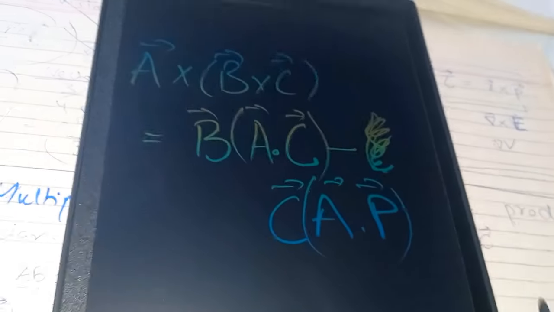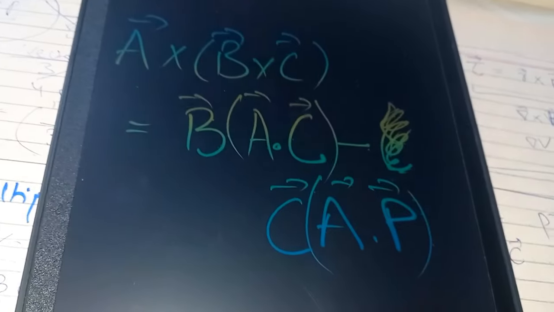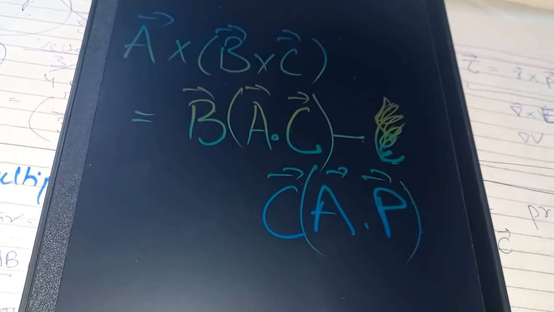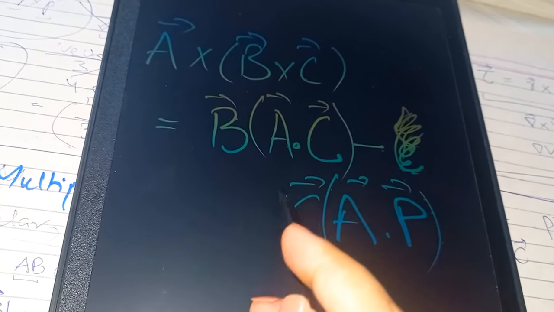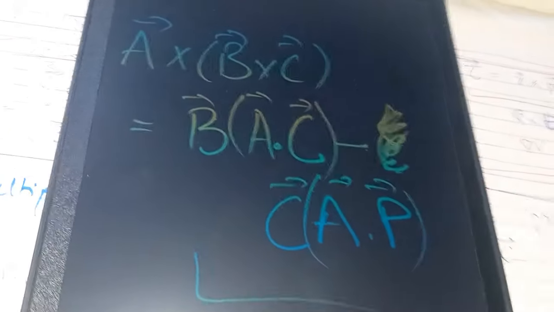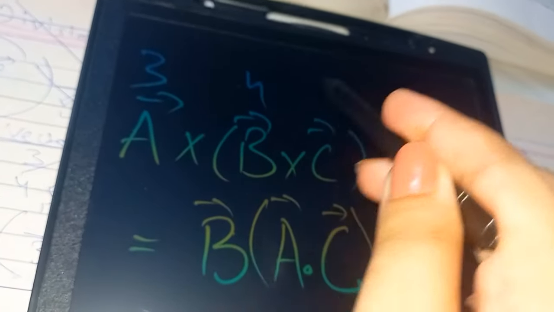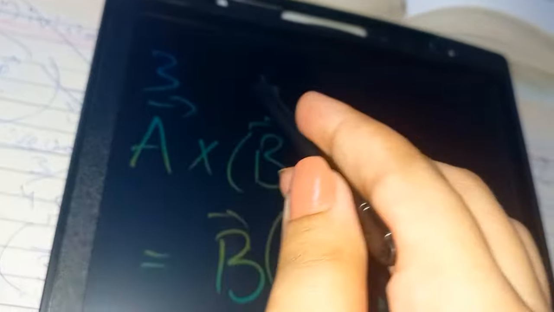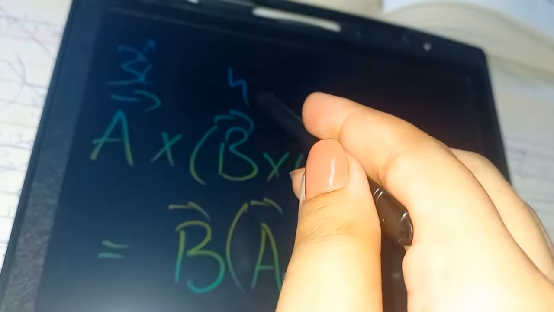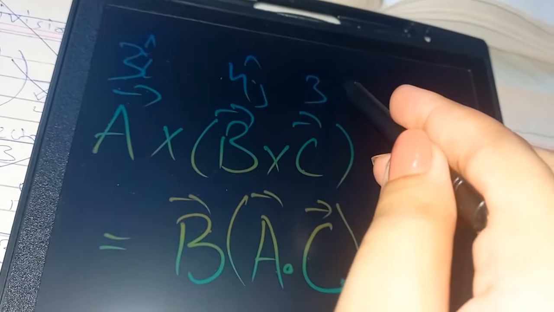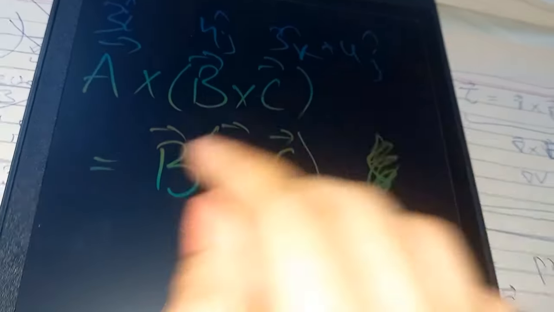There is a simple notation. If it's in this form, then you can write it like that. So if the notations are different, you can simply use this general rule to write them accordingly. For example, if it is 3, 4, and oh my god, I'm writing scalars in place of vectors, how dumb I am. So let's say this is 3i hat, this is 4j hat, this is 3k hat plus 4j hat as c vector, b vector.